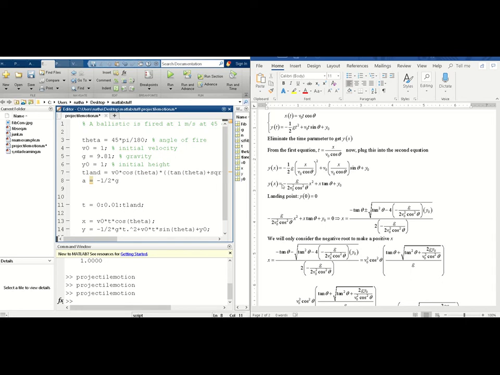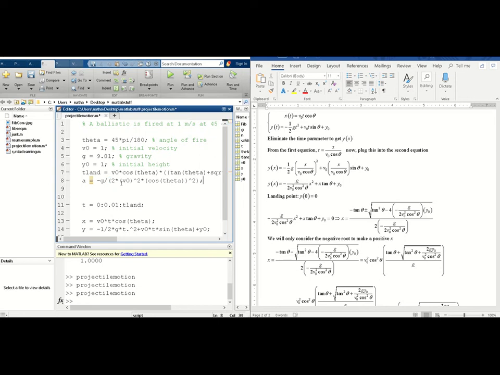So we're gonna get negative G. Let's do it like this. -G divided by 2 times V0 squared times cosine of theta squared, right?